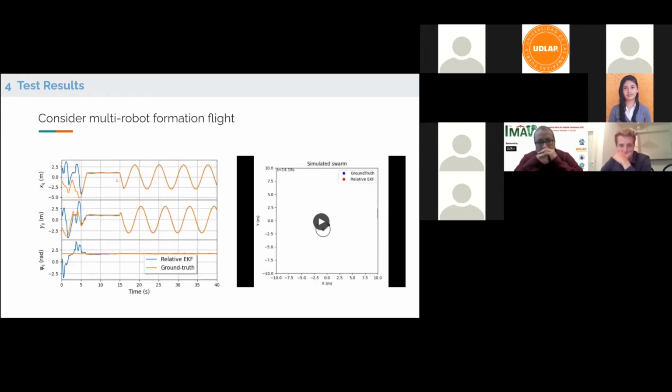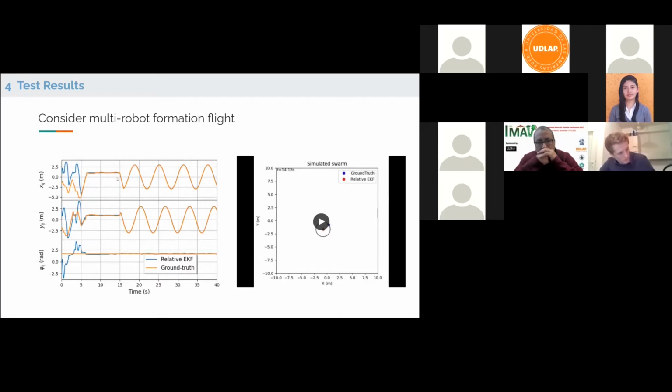So in addition, instead of only considering the observability, we also have a cost function to set the multi-drone task, like the formation flights. So here, after 15 seconds, the cost function has a non-zero weight, such that this sub-cost function also works.